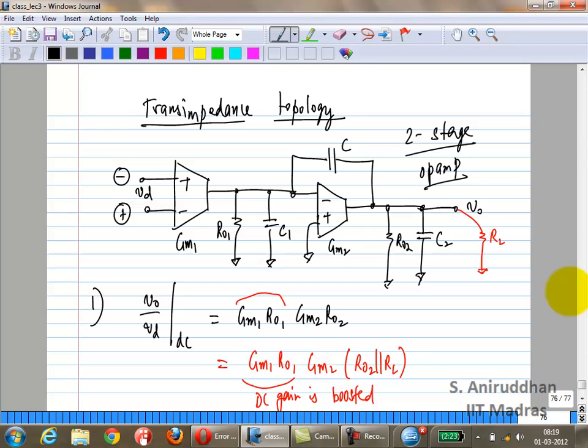GM1 by SC. That is what you are actually trying to realize.